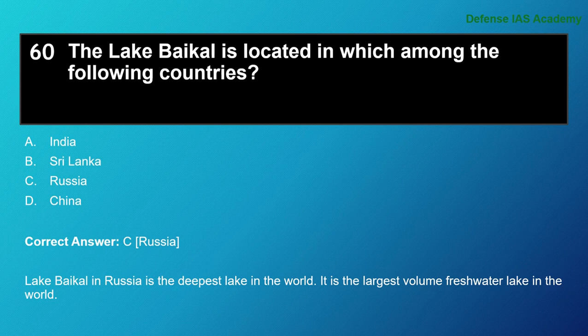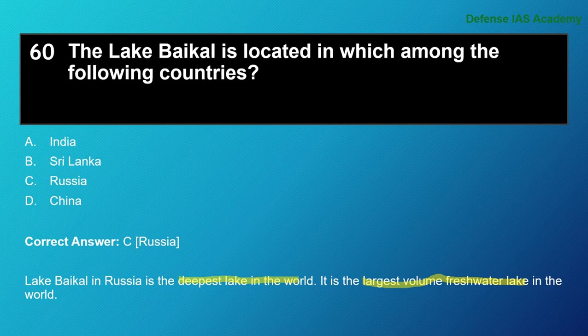Lake Baikal is located in which among the following countries? The answer is option C, Russia. Lake Baikal in Russia is the deepest lake in the world. Please note it. It is the deepest lake in the world, and it is the largest freshwater lake in terms of volume.